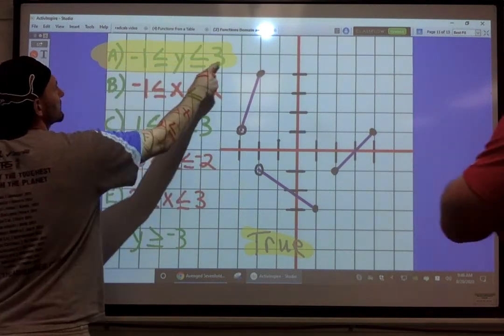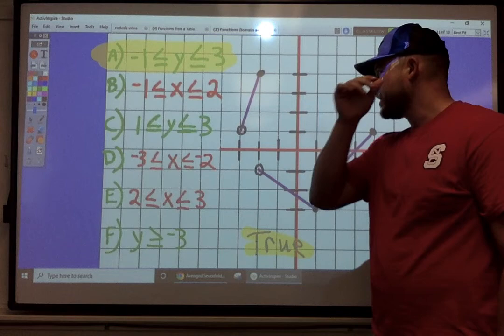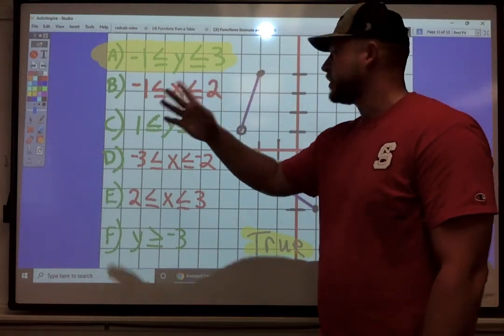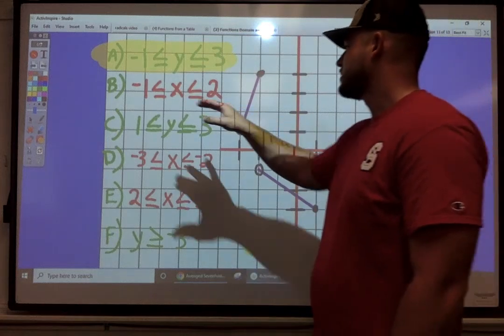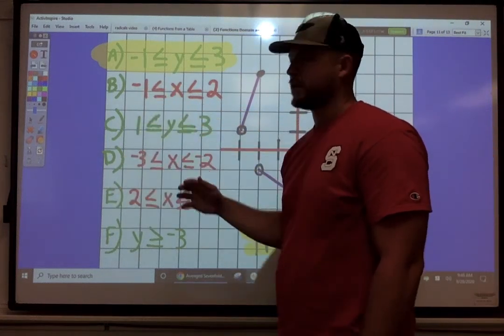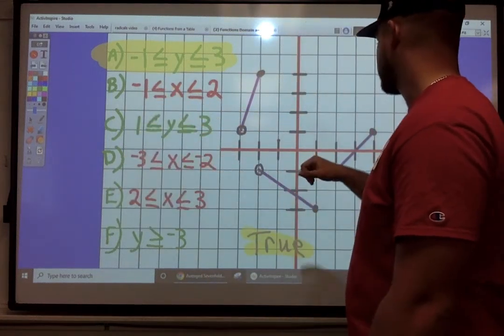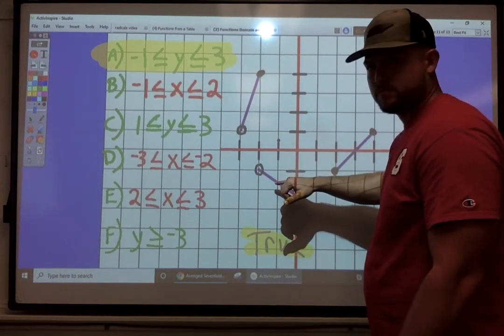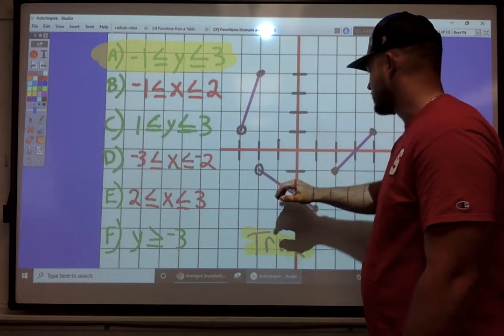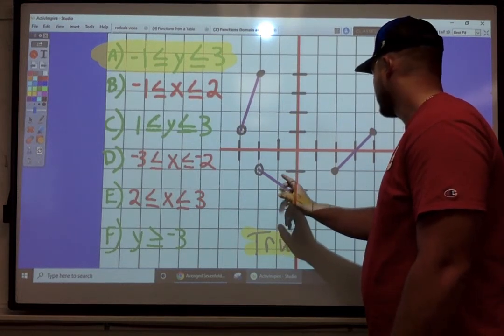That is true. All right, so for letter B, be careful here, we're looking for x, right? We're looking at our domain values. So at -1, and we're saying it's included, it's going to be greater than. So -1, I definitely have a solid part of the graph. So I'm good. So now I'm going up, right?